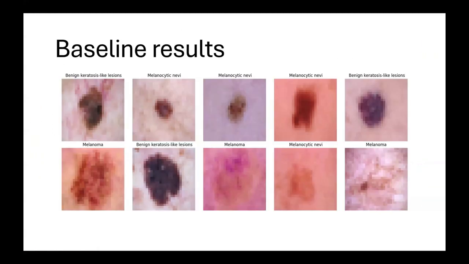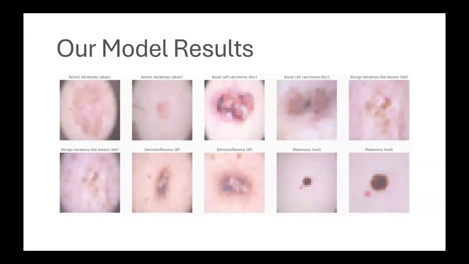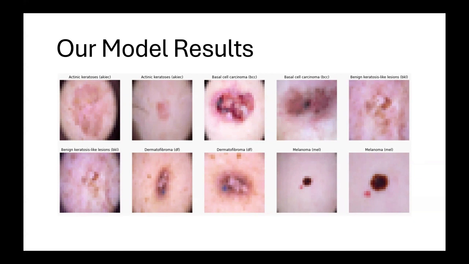Here is our baseline model with corresponding skin cancer images and the labels in our metadata, with an accuracy of 65%, versus our model results with corresponding images and the labels of type of skin cancer with around 76% accuracy.